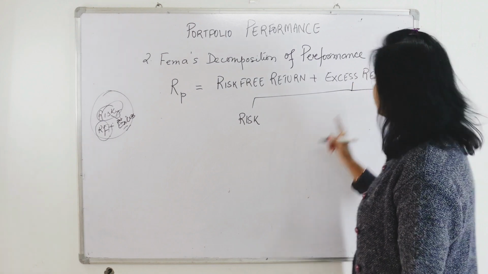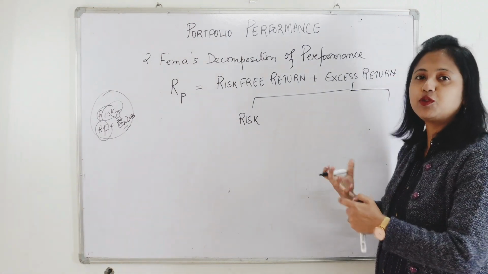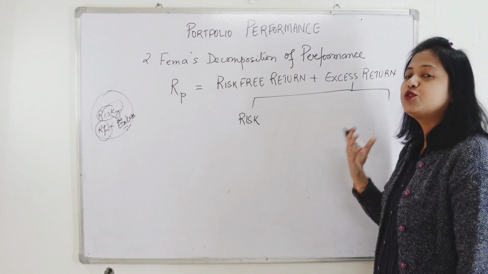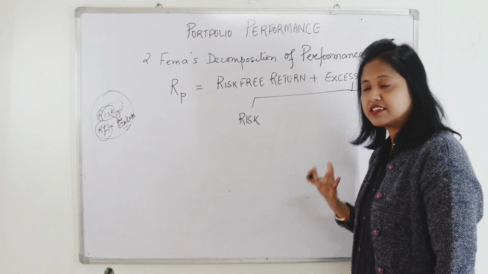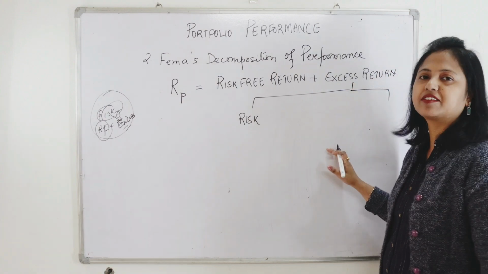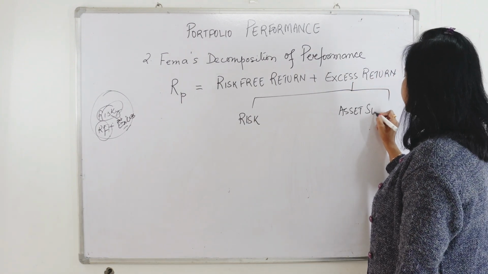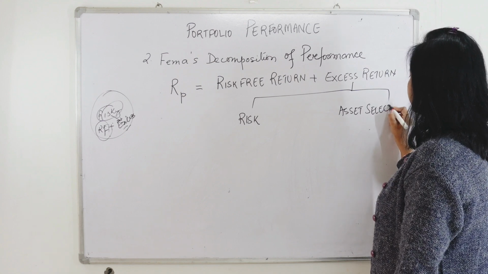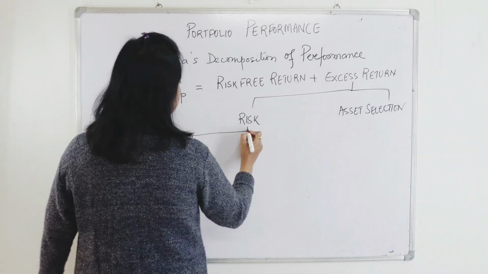It could be that your asset selection was the best. In your portfolio, you selected assets whose performance gives you some excess return. So I would call it asset selection.